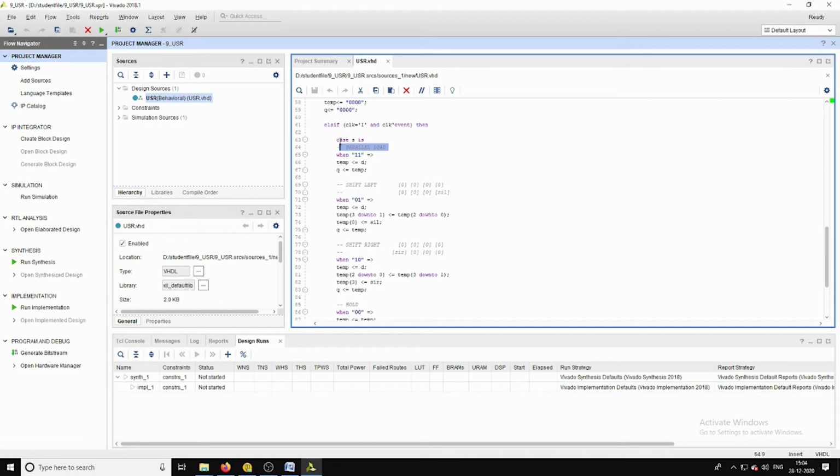Suppose if selection signal is 0 1, then we are going to perform the left shift operation.